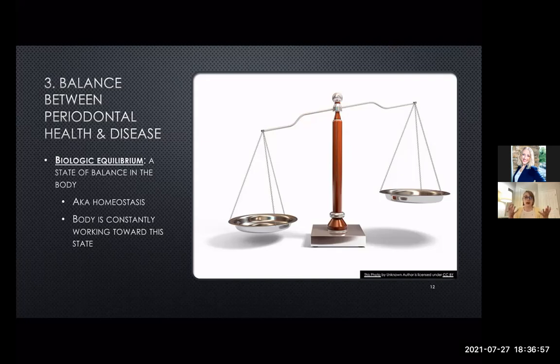This is a state of balance in the body. It's also known as homeostasis, which a lot of our body processes are aimed at, maintaining the body. So we always want to be in equilibrium.